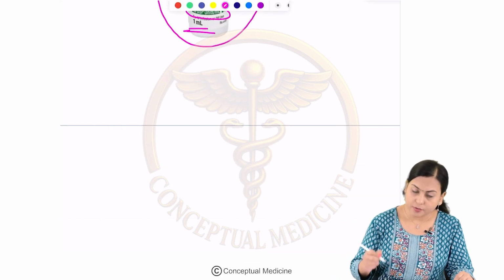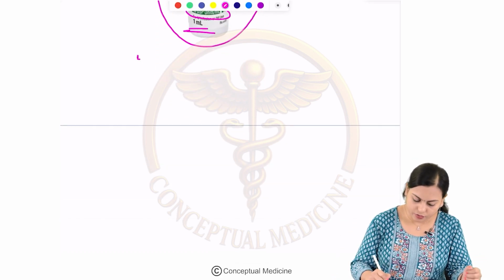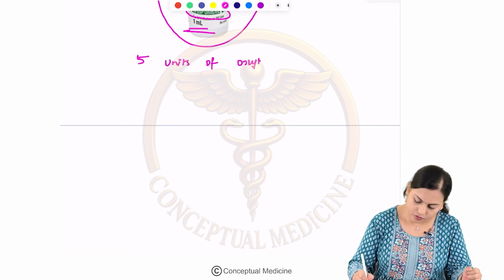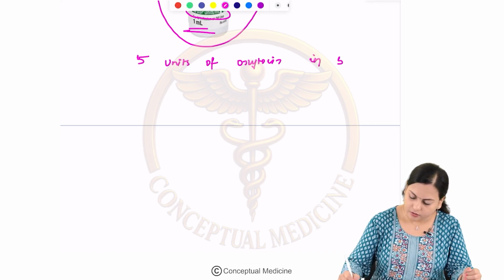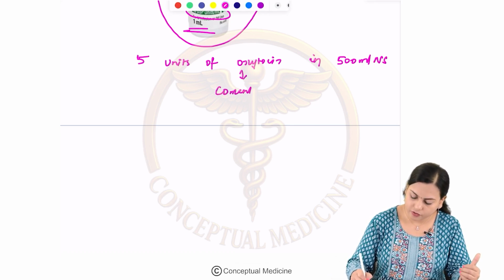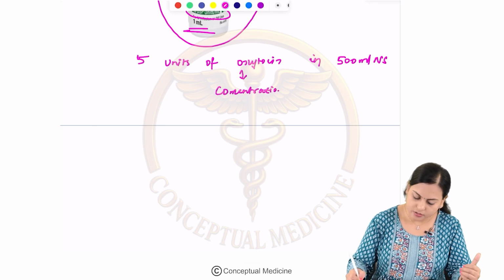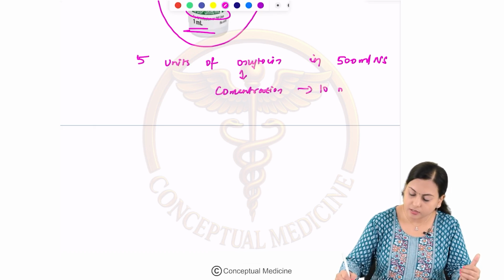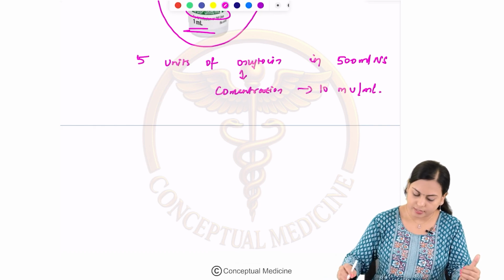So how much oxytocin we are going to use is, we are going to use 5 units of oxytocin in 500 ml of normal saline. So what will be the concentration of oxytocin now? Concentration of oxytocin will be 10 milliunits per milliliter.